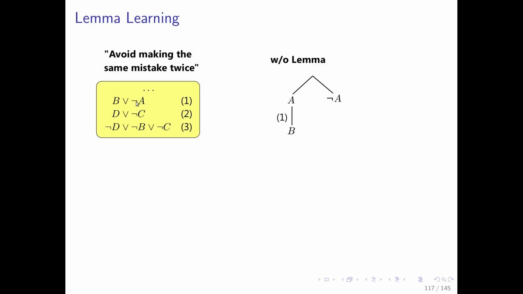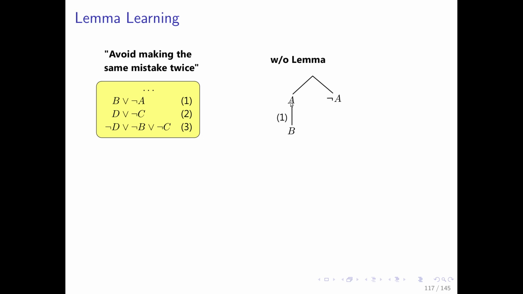Now A is a decision literal, so we delete not A from this clause and get B. B is now a unit clause, so we write B down here. We decided A, and then we simplified the clauses by the fact that we had made A true.